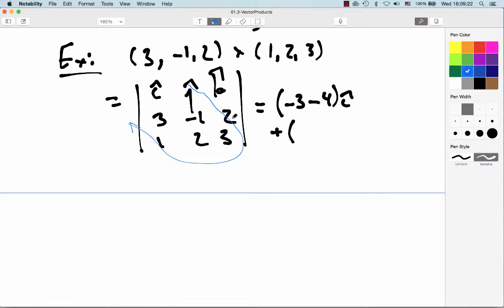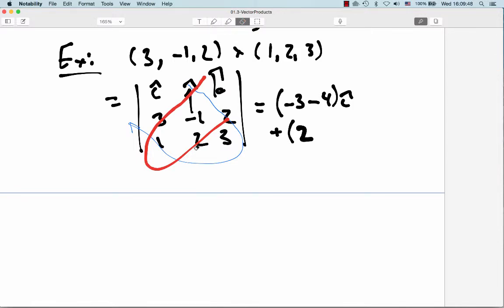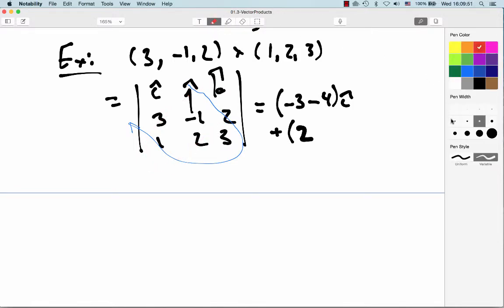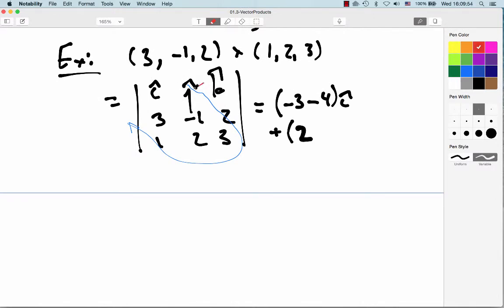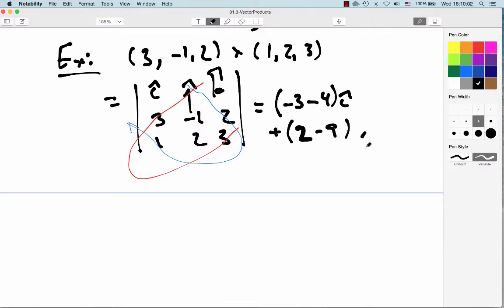So j hat times 2 times 1 gives me 2. And then similarly, when I plow the other way, this will be a negative contribution, so I'll mark it in red. Doggone it, try that again. That'll be minus 3 times 3 is 9. Okay.